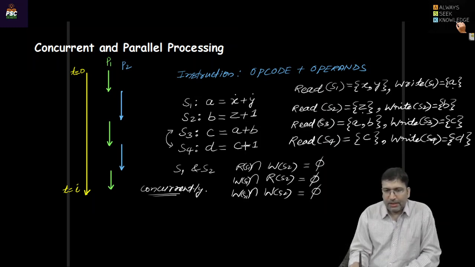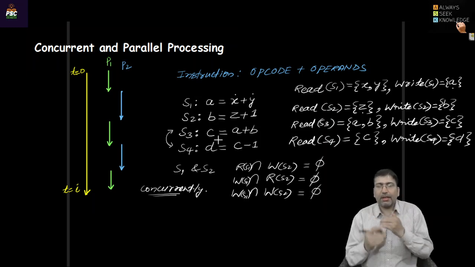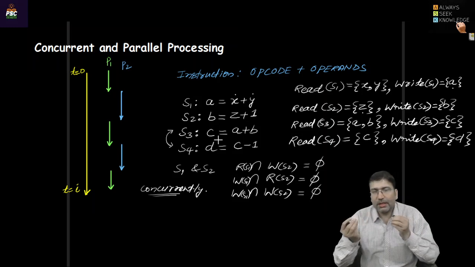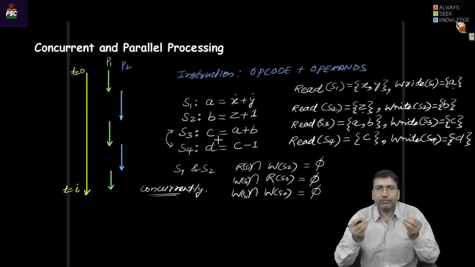So if such kind of challenges are there, if one instruction is dependent on another, and if we are creating more than one thread or more than one process, and those instructions are getting copied to both the processes, how can we decide the sequential execution of those instructions? Those are interdependent.